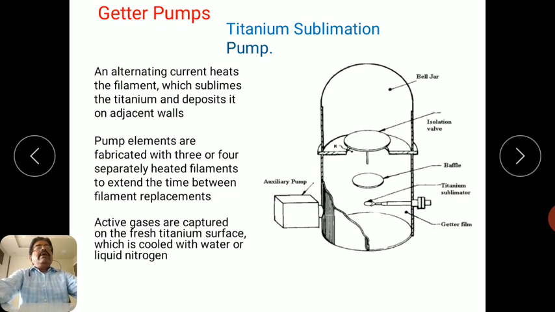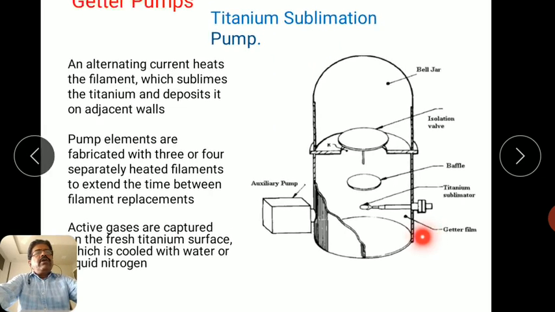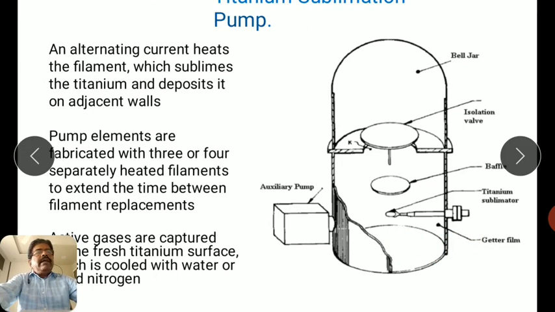Let us now study the titanium sublimation pump, how it works and what its basic principle of operation is. You can see this diagram first of all. This filament is actually the titanium sublimator.